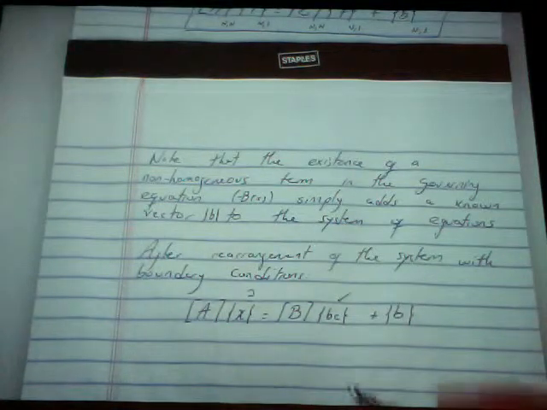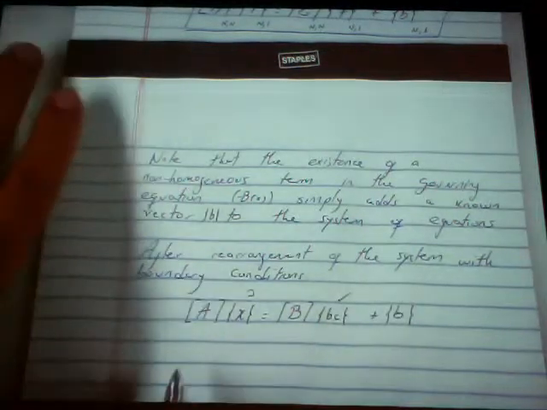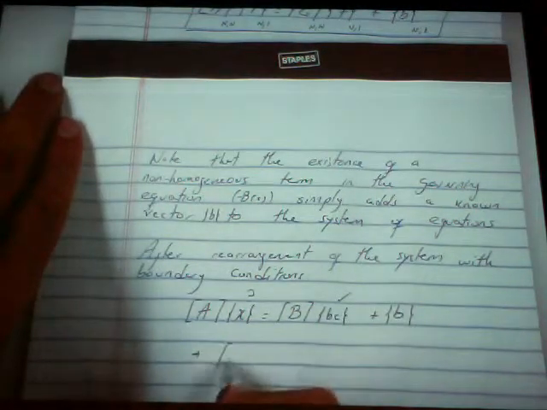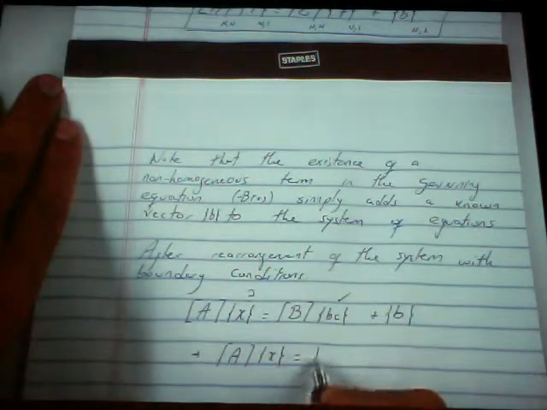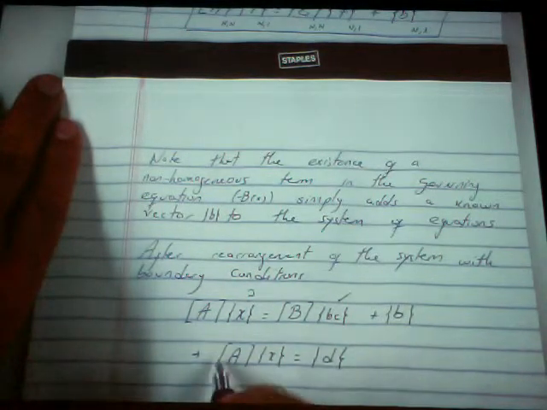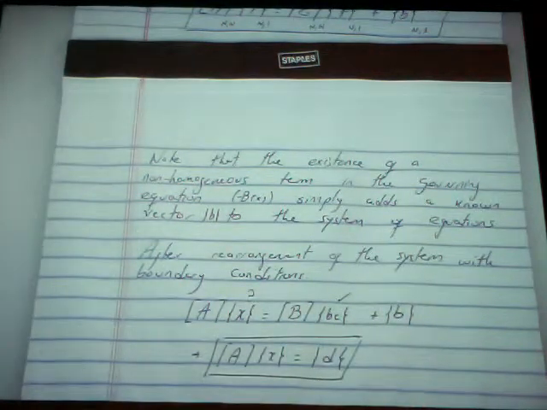So, since all of this is known on the right hand side, this leads to a system A times x is equal to some, we're going to call it d, which we can solve by LU decomposition or Gaussian elimination or whatever method we want to use.